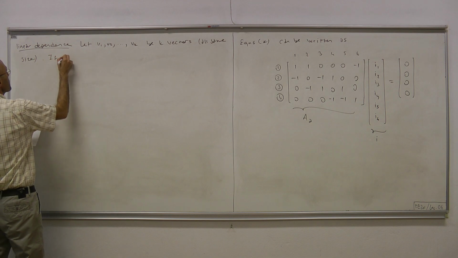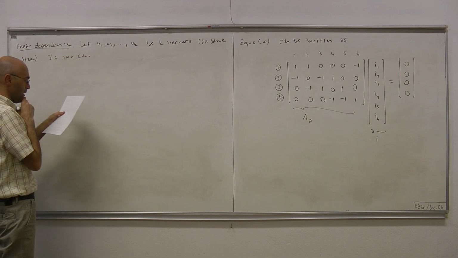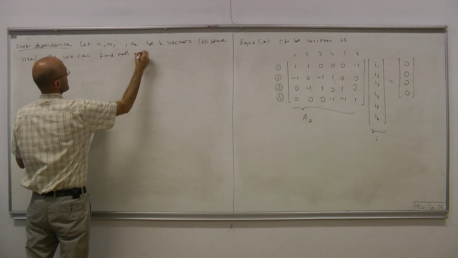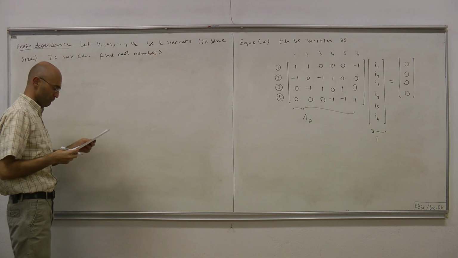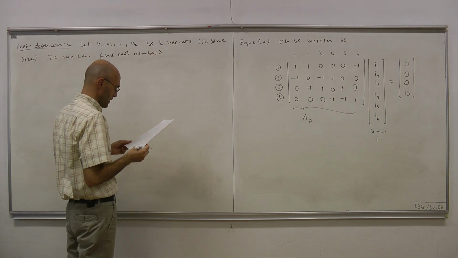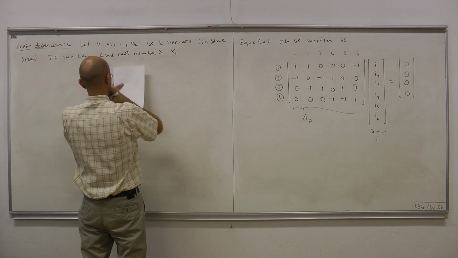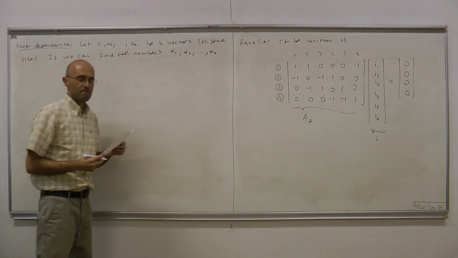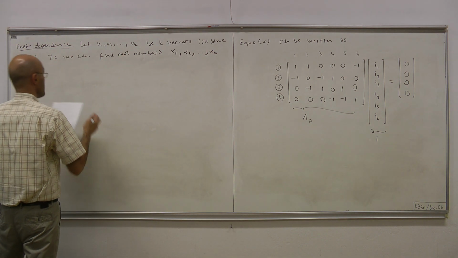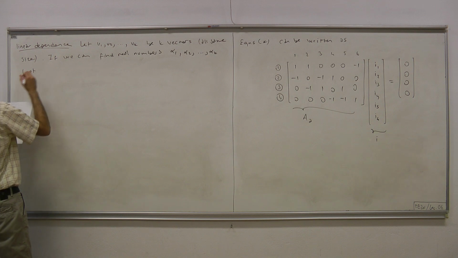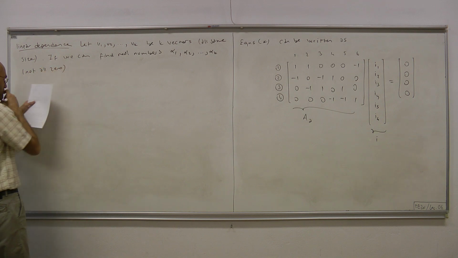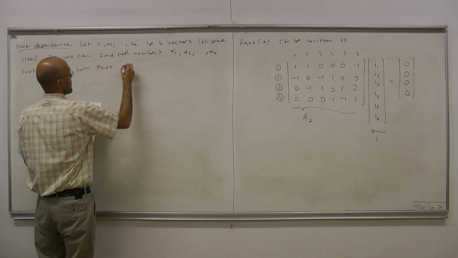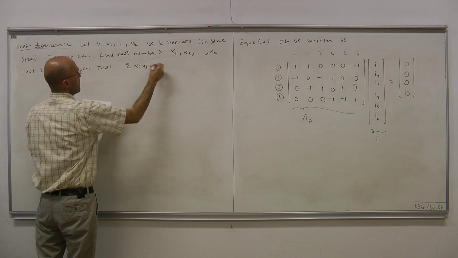If we can find real numbers alpha 1, alpha 2, up to alpha k, such that, and at least one of them is different than 0, not all 0, the sum of alpha i Vi equals 0.